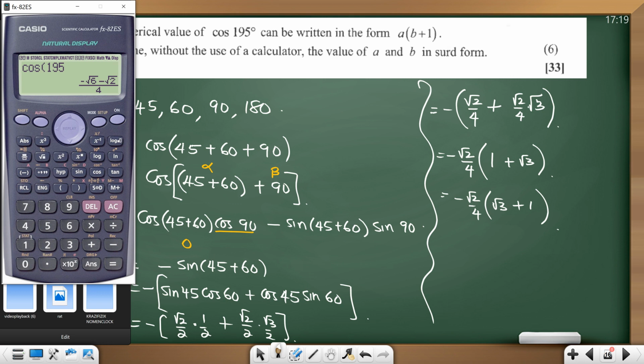Okay, can we expand this bracket? What is this? What is this negative times this positive? That's what I have. I don't know what you are pressing on your calculator.